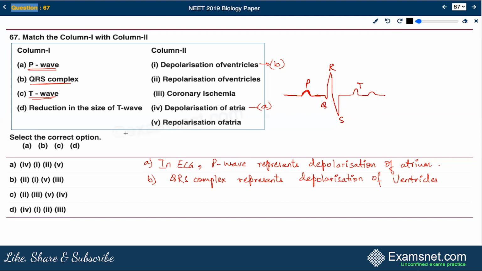Now the T wave is going to represent the coming back of the ventricles into their normal state. That means from the excited to the normal state. So the opposite of depolarization will be repolarization of the ventricles. So this will be option C over here. So T wave represents repolarization of ventricles.